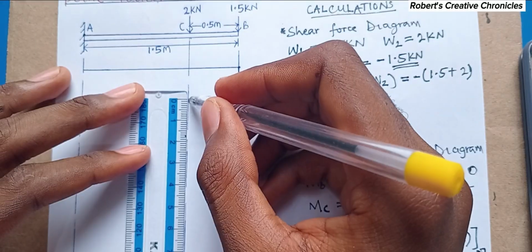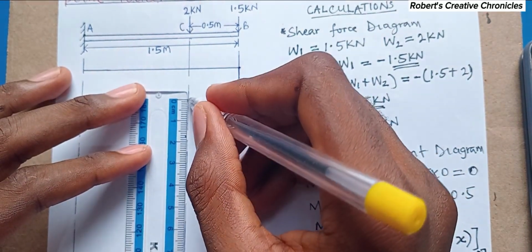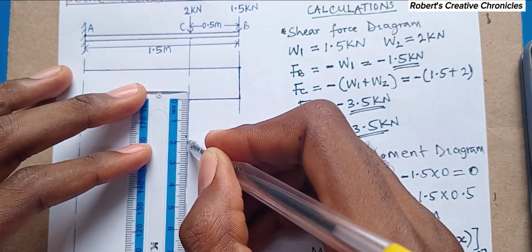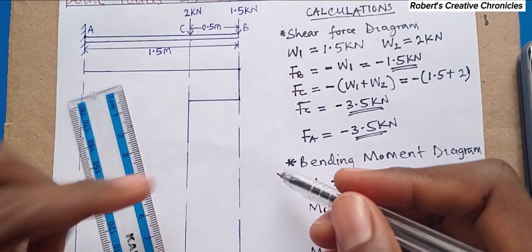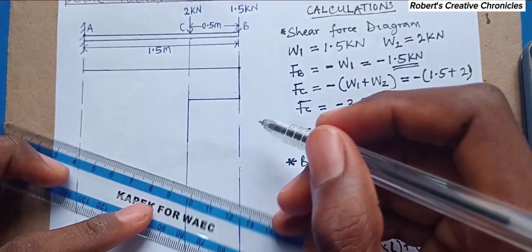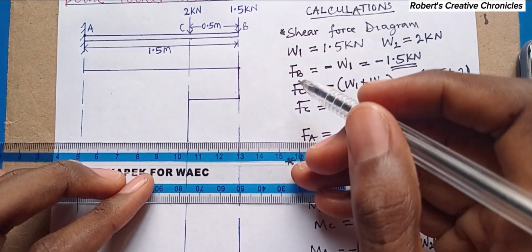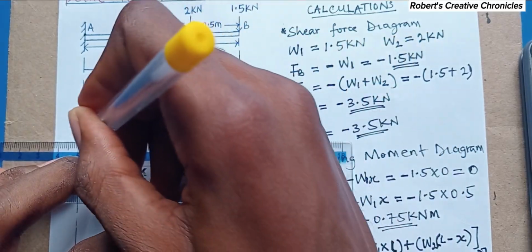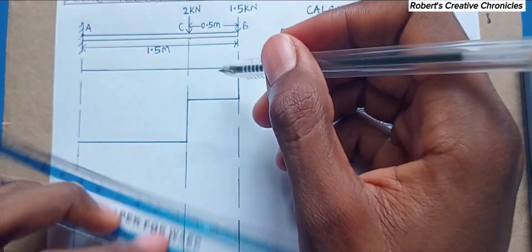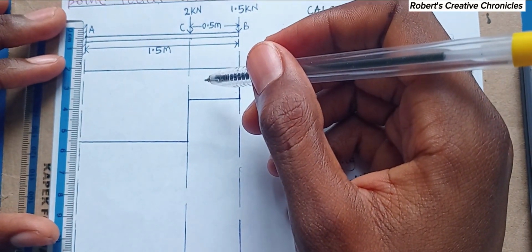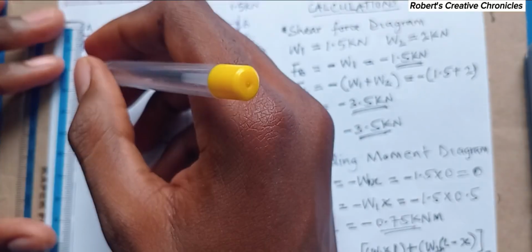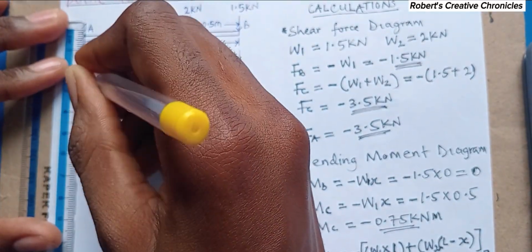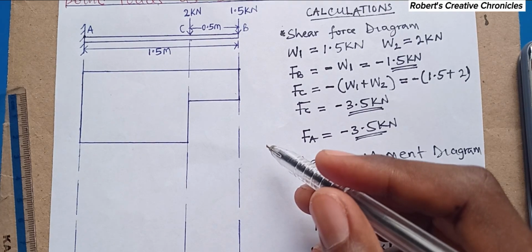So from here, I can move down 2. You see, 2. The distance of 2 to represent this. Then finally, you move horizontally and then you close the curve. So this is the shear force diagram.